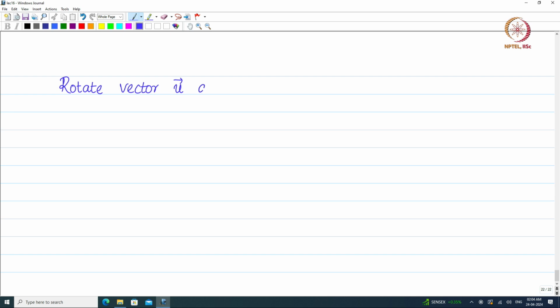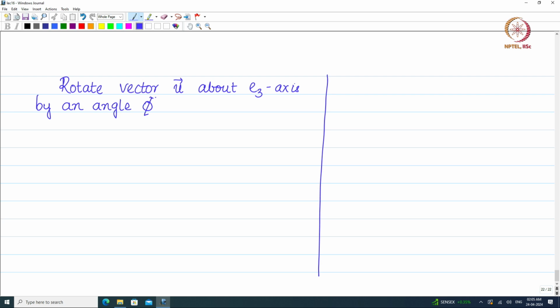about the E3 axis. Now, we rotated that about the E1 axis. What we want now is to rotate this vector about the E3 axis by an angle, let us say phi. So, what is r phi about the E3 axis?